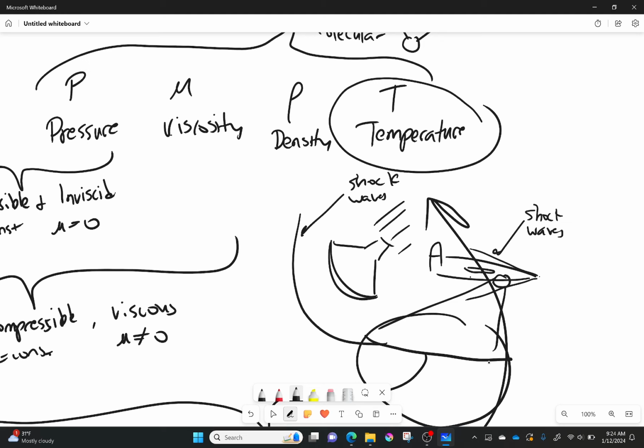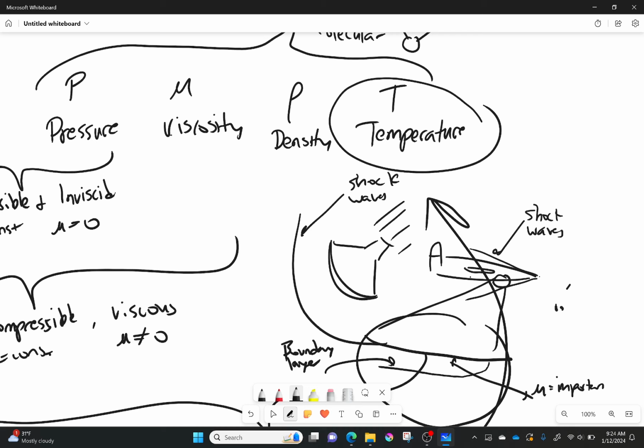So if I do this, I have something called the boundary layer. And it's very important to take into account viscosity there. There we go. And our boundary layer.